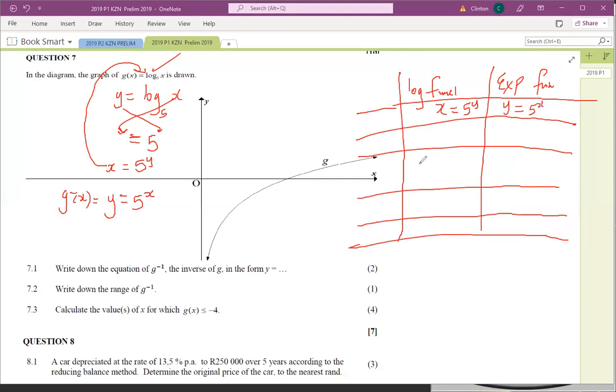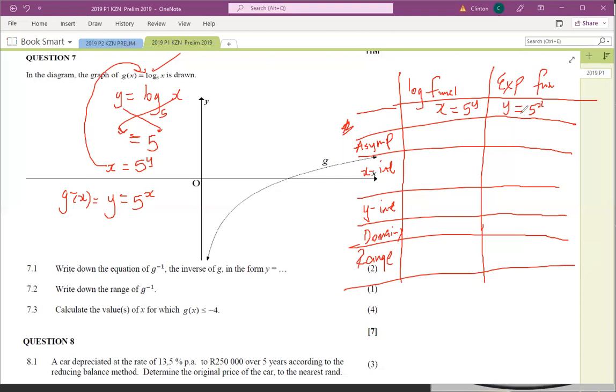Now we're going to find the asymptotes, the x-intercept, the y-intercept, the domain, and the range. These are the 5 basic things that you can get from the table.